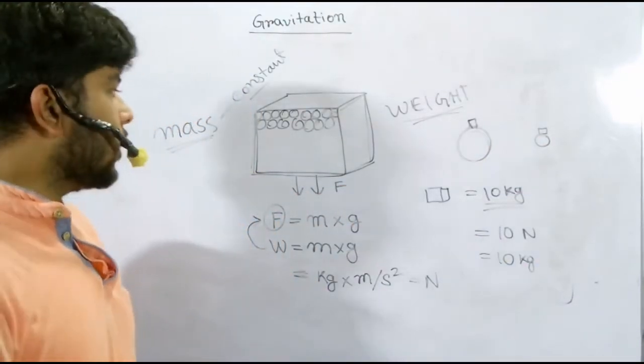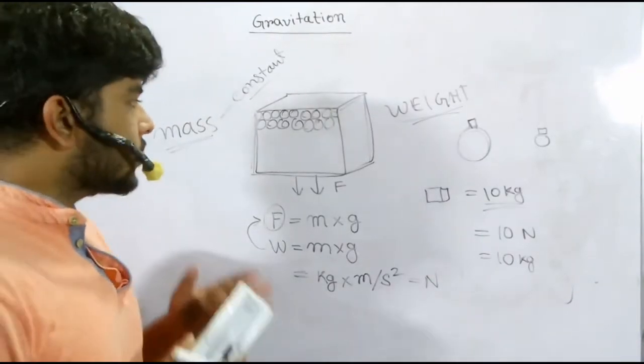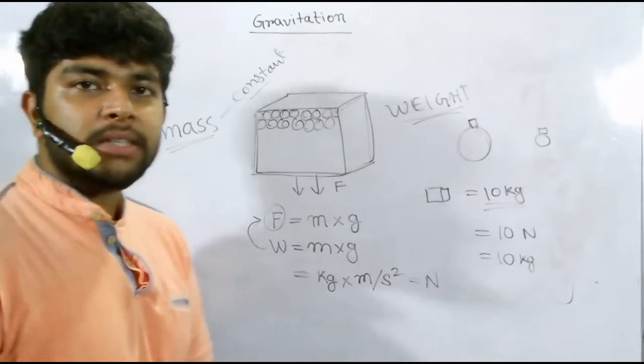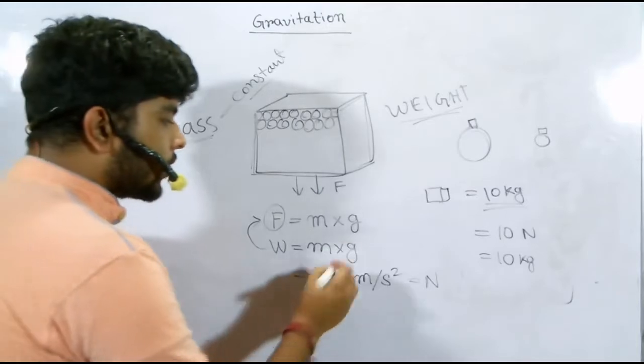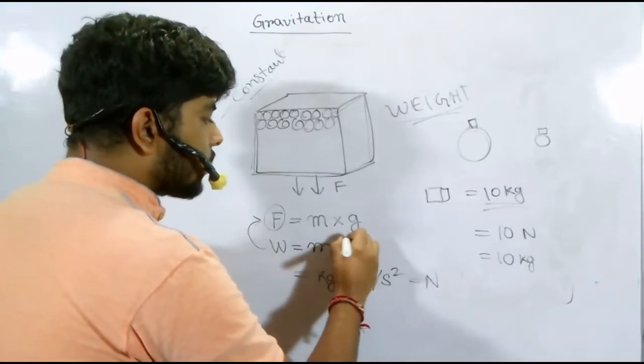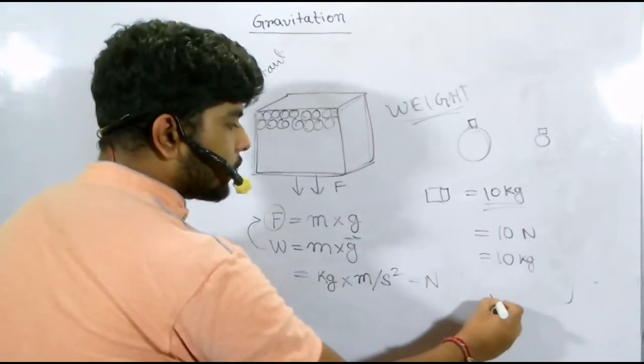Mass is a constant quantity, and mass is also a scalar quantity, which means it does not have any direction, whereas weight is a vector quantity. Why? Weight depends on the acceleration due to gravity, and acceleration is a vector quantity.